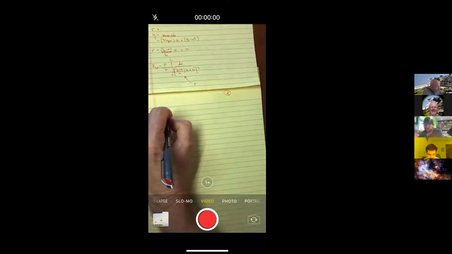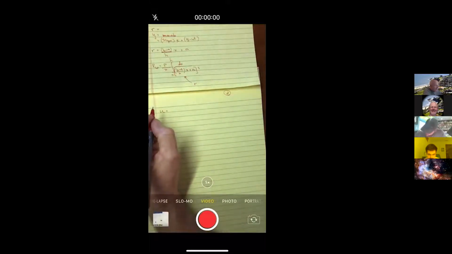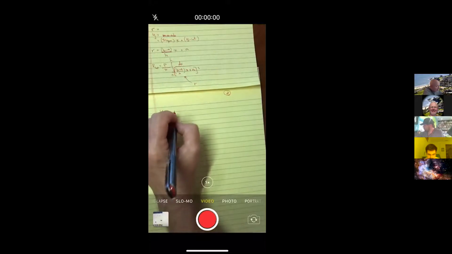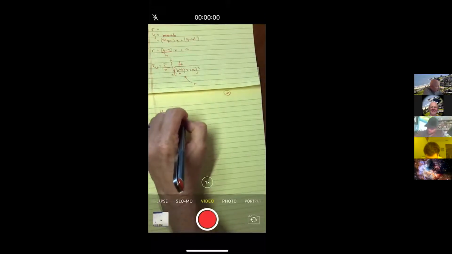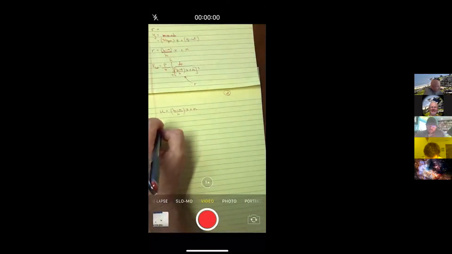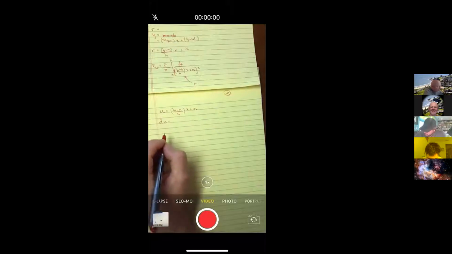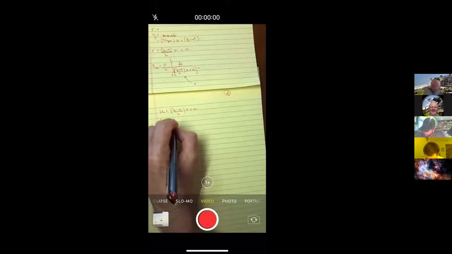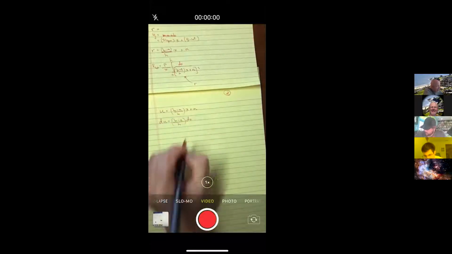So I'll go u equals, and maybe I'll just take that whole thing downstairs, which is b minus a over h times x plus a. So then I can go du equals b minus a over h dx.